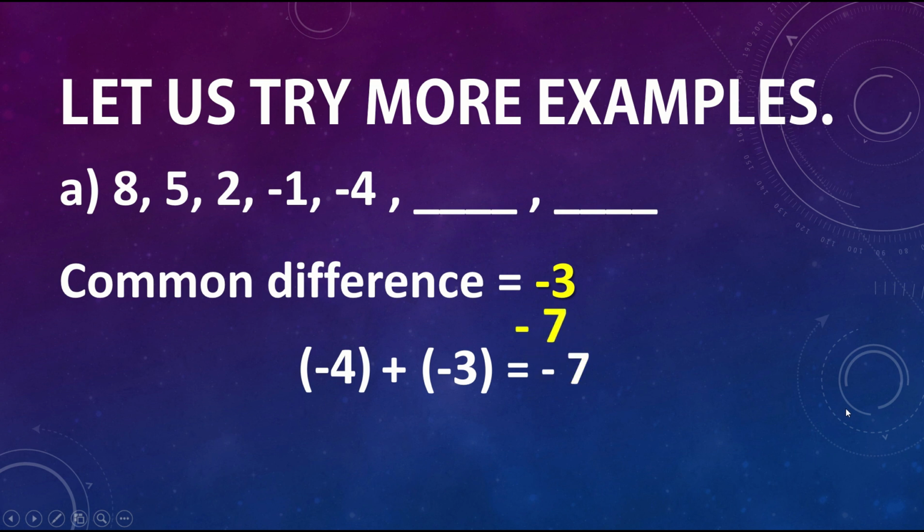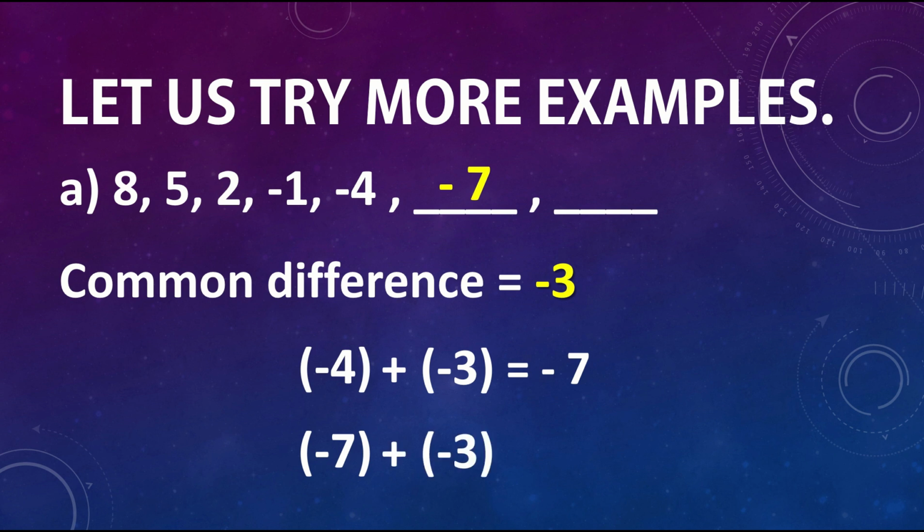So therefore, -7 is the next term of the arithmetic sequence. Next, to get the next term, we will have -7 plus -3 is also equal to -10. So therefore, -10 will be the last term of the sequence. Again, you may pause the video if you want to copy the example.